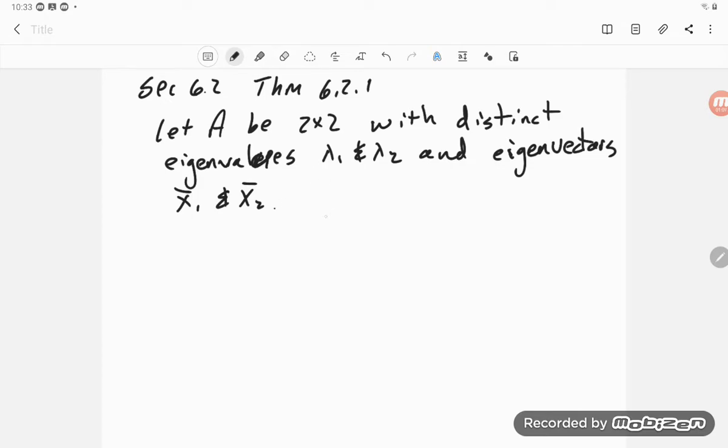So we have that, and then we let P equal the matrix made from X1, X2 columns. Okay, so it's a 2 by 2 matrix.